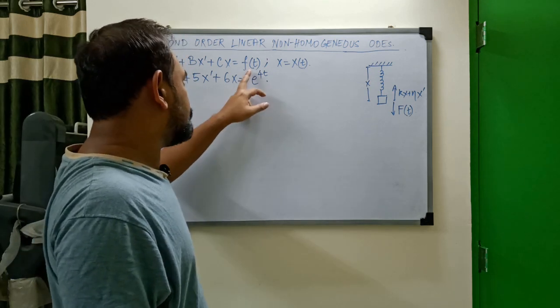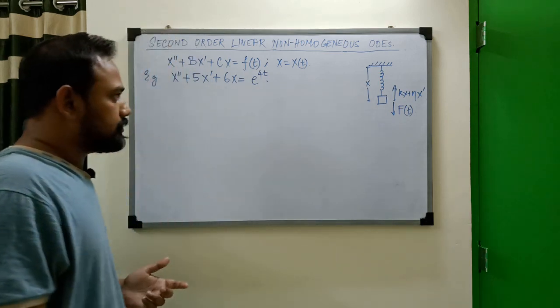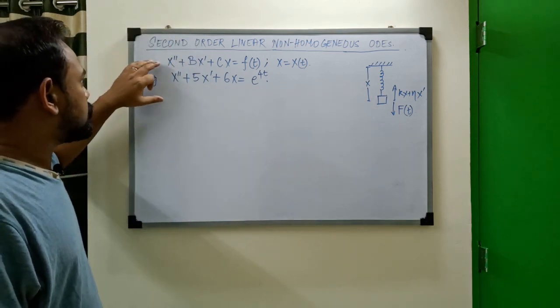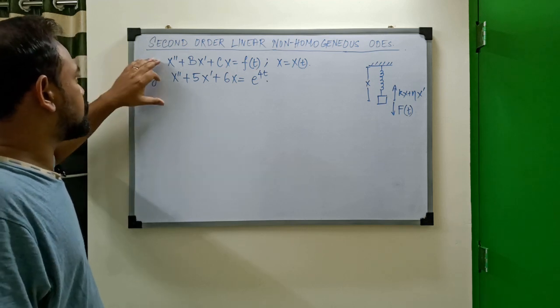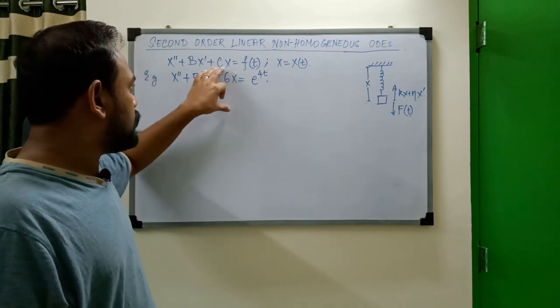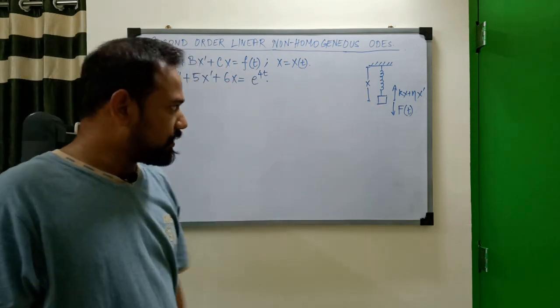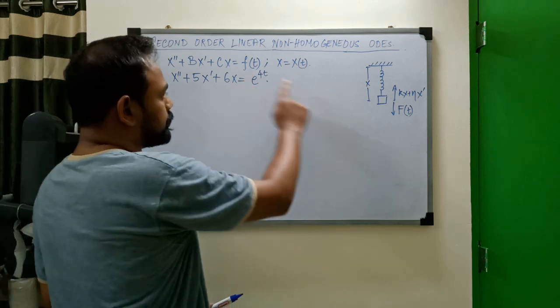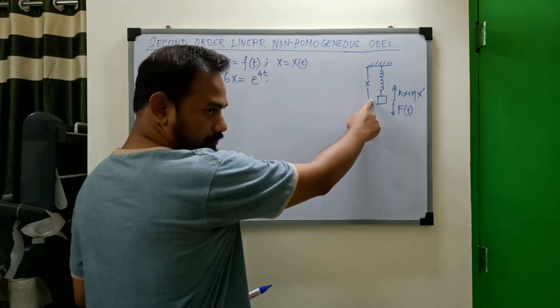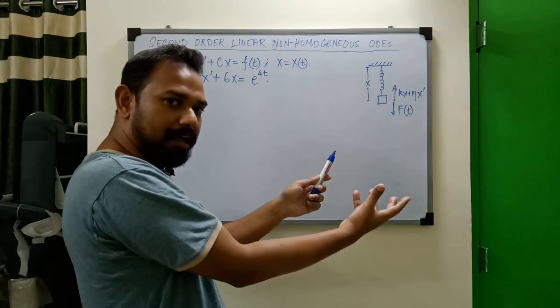Now, of course, I've changed this capital F to small f here, because if you go back to the video where we started studying second order linear differential equations, when we wrote down this differential equation from a diagram like this, we found that the right hand side was the external force divided by the mass of the body, capital F by m, which would be a different function because it's divided by another constant.